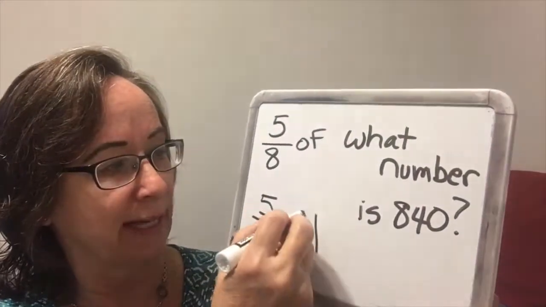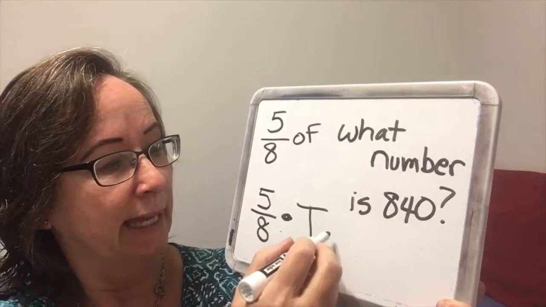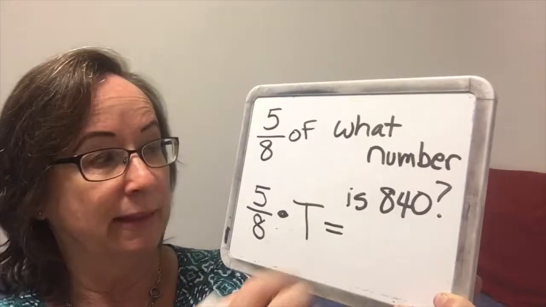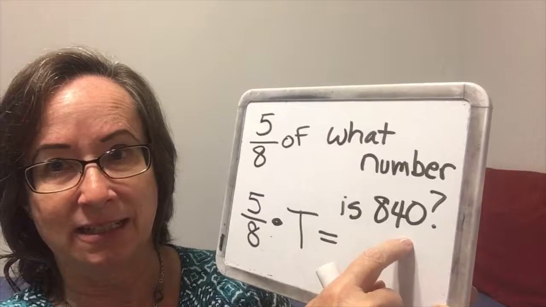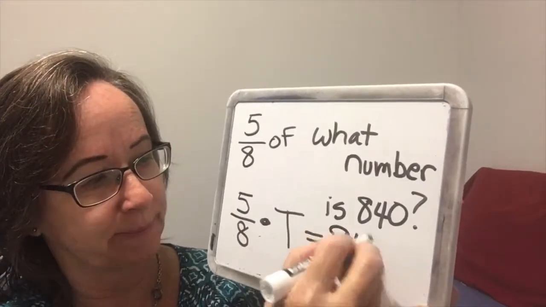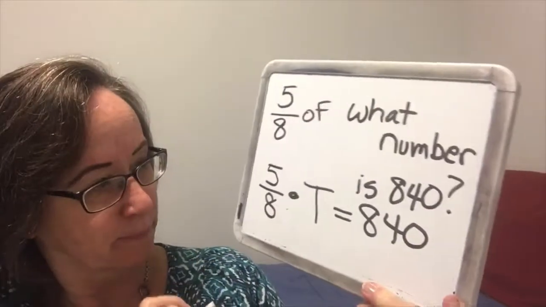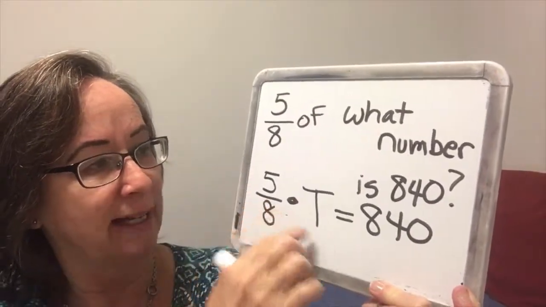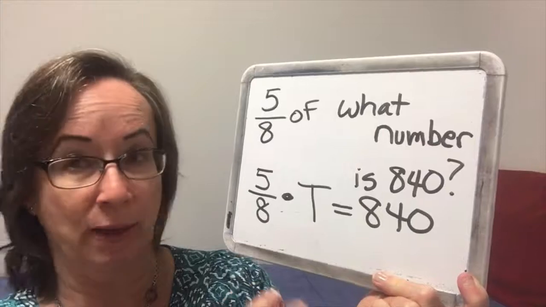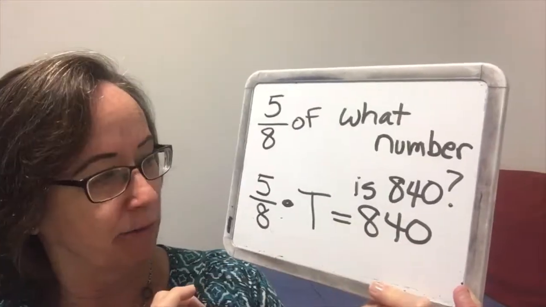So we're just going to call that T, is the equals the is number, so 840. I just think the equation's a little awkward, but it works. Okay, so 5/8 of the total number of gnomes that we have in the forest is 840.